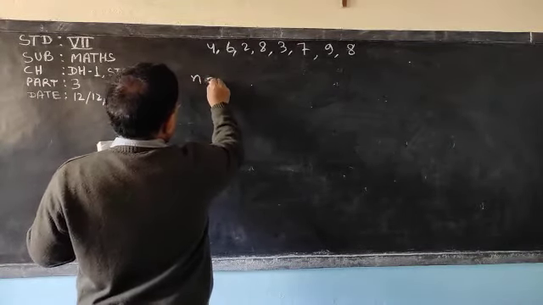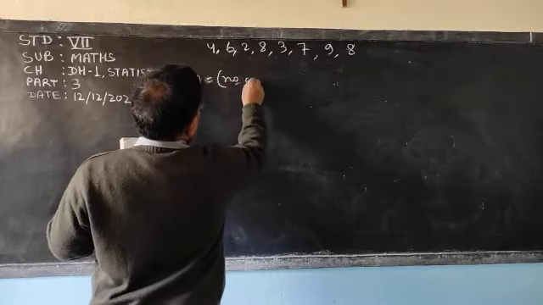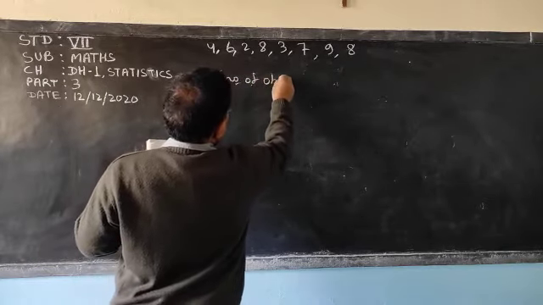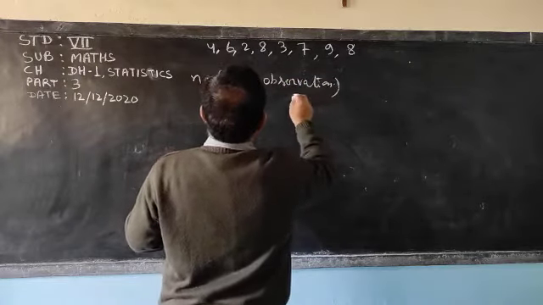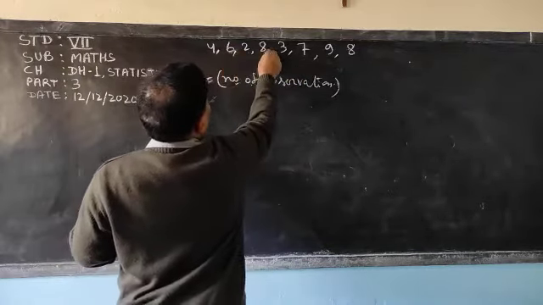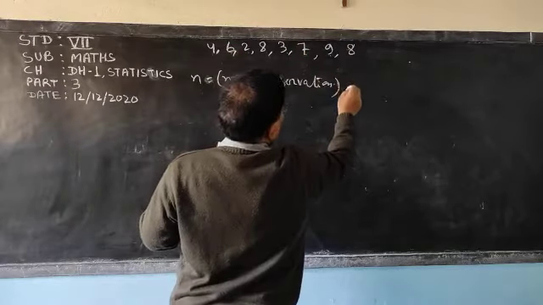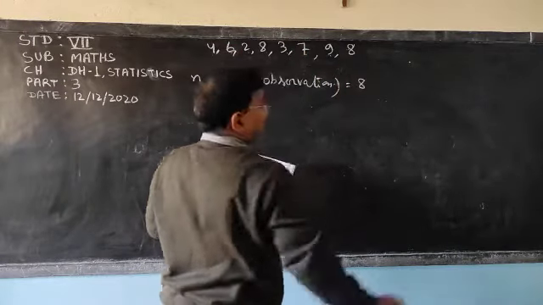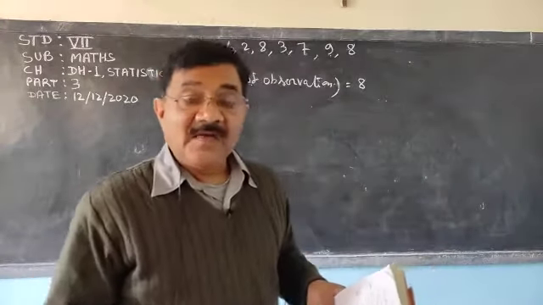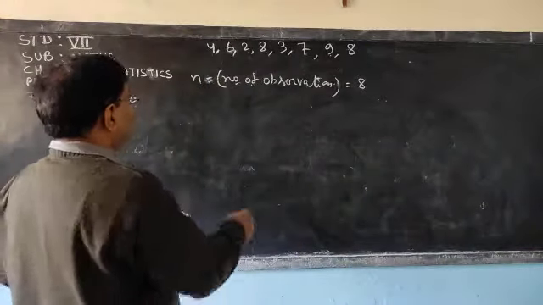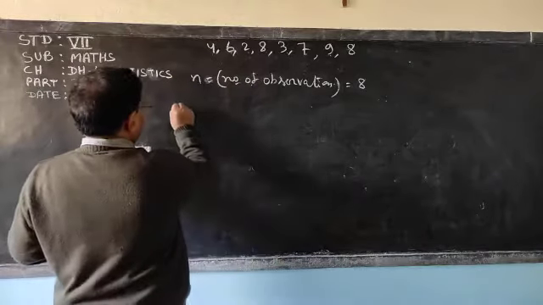N means number of observations. And how many observations are there? 1, 2, 3, 4, 5, 6, 7, 8. 8. 8 is odd or even? Even.